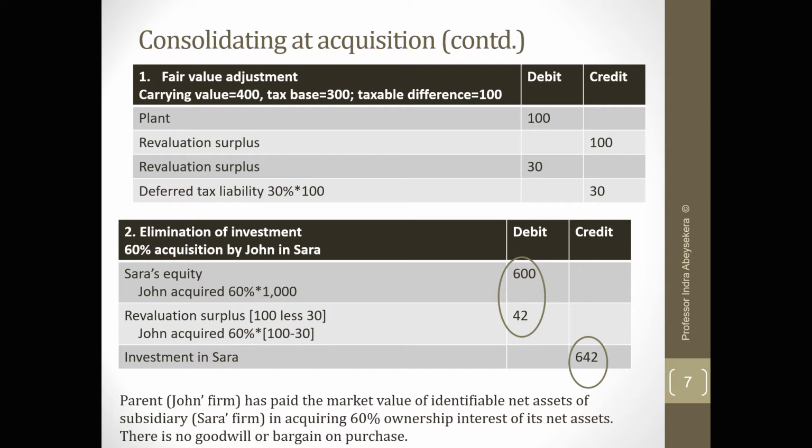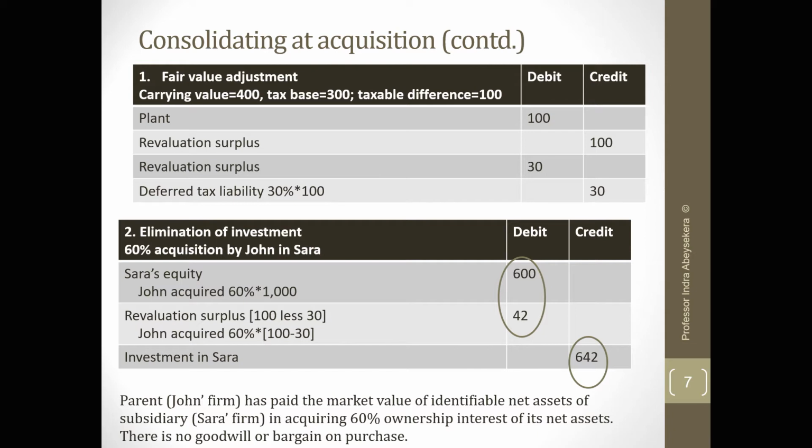So when we revaluate the asset, we increase the plant by 100 and credit revaluation surplus 100. In this example, we are not given information about accumulated depreciation, so we don't need to reverse accumulated depreciation. So plant, debit 100 and credit revaluation surplus 100.